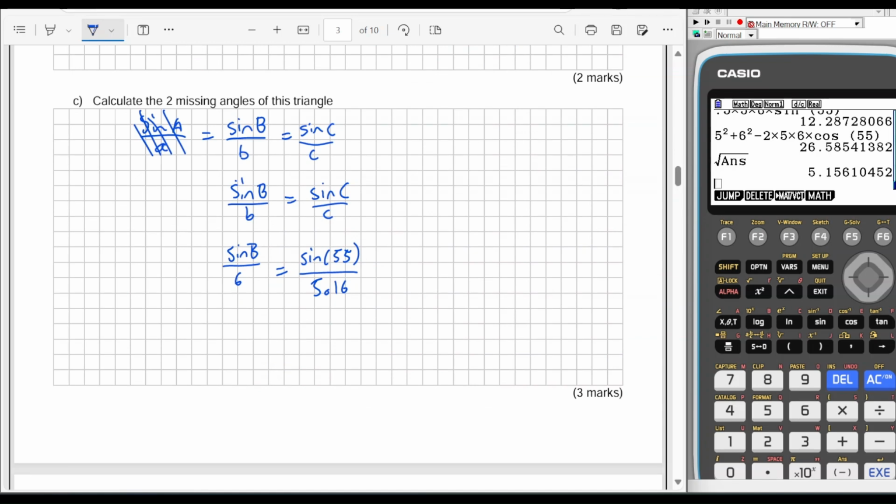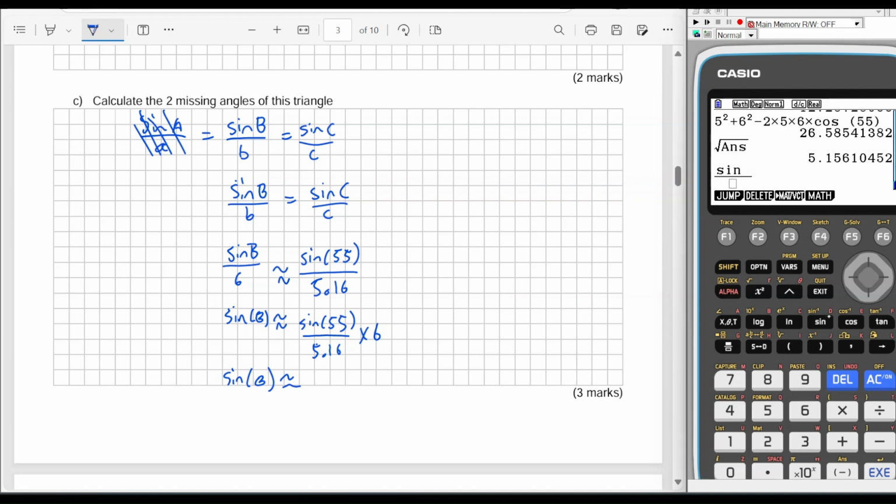So now we can just swap it around. So sine of B is sine of 55 over, well, this should be approximately equal because it's about 5.16, not exactly. So over 5.16 times 6. Okay, so that sine of B approximately equals: it's sine 55 on the top, over that answer.